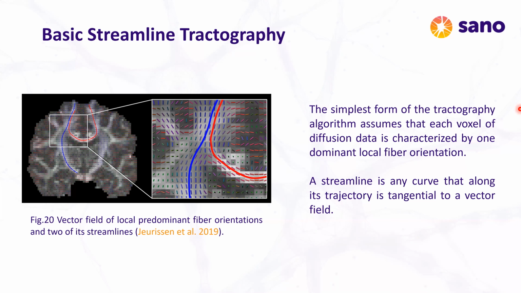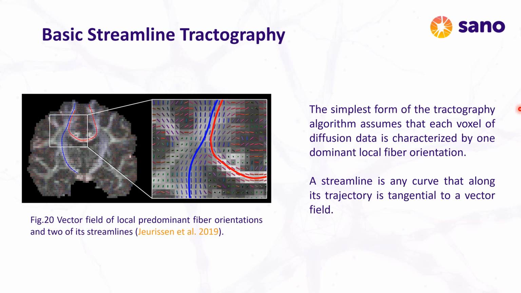The numerical integration procedure starts at the starting point, also called the seed point, and then follows the local fiber orientation over a very short distance called the step size. This procedure, also known as Euler integration, can reconstruct the entire trajectory of white matter pathways by iteratively executing this procedure.